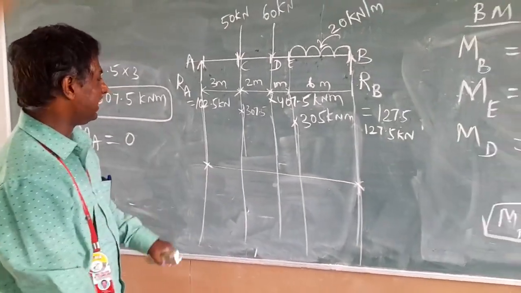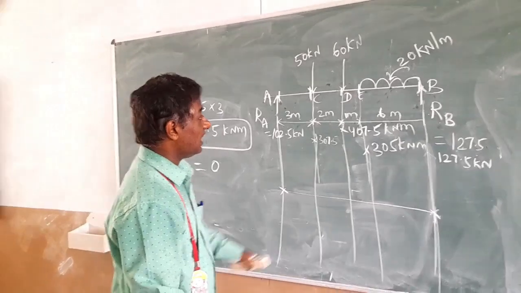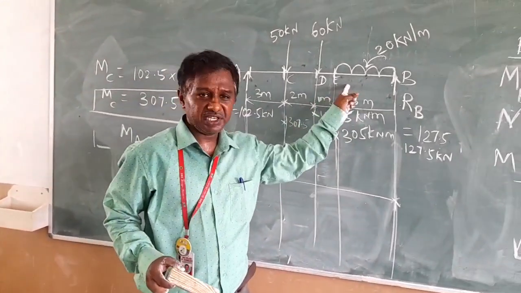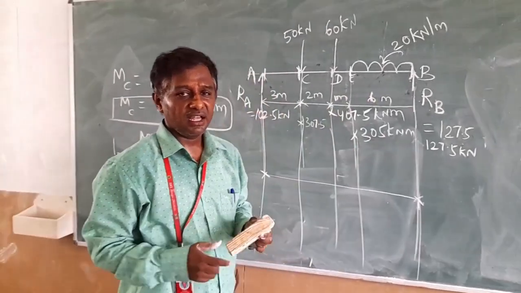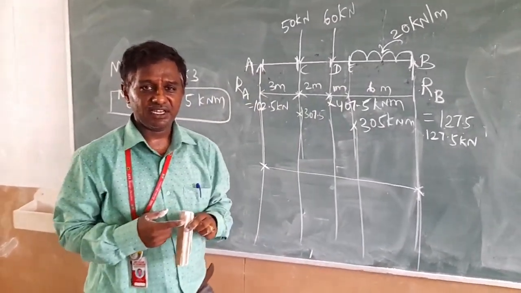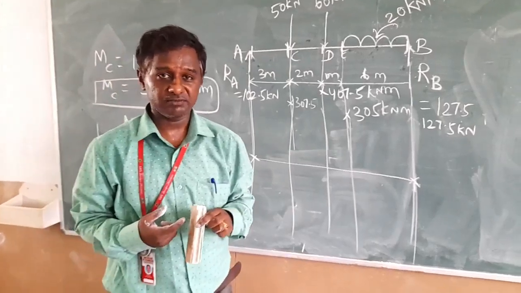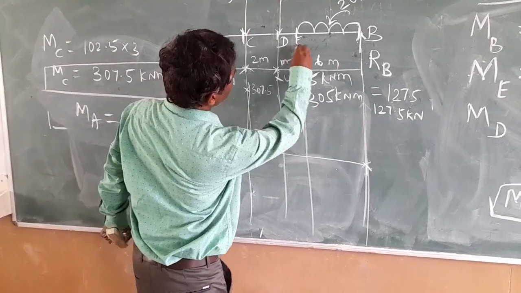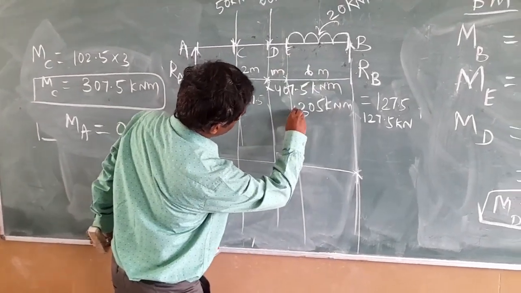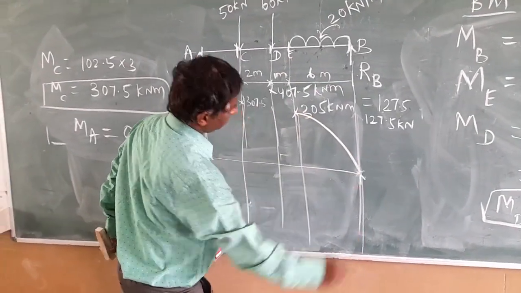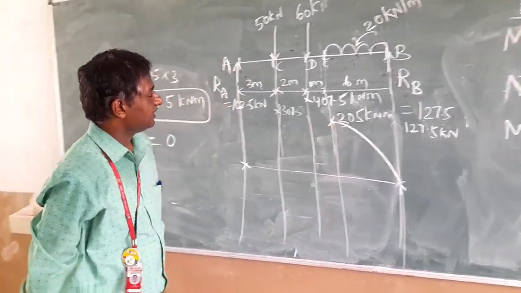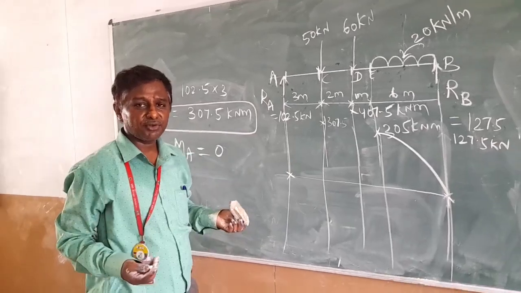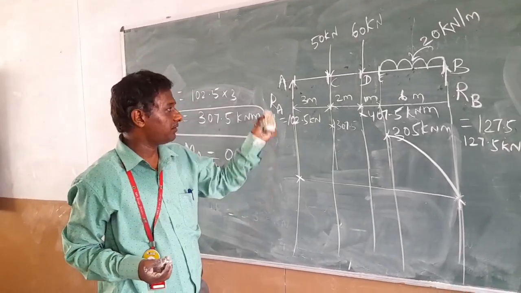Now how to draw the diagram, that is the important thing. Whenever a uniformly distributed load is included in the beam, the nature of the bending moment curve will be parabolic. Since it's positive, just E to B, that area alone, is a parabolic curve that goes on increasing. In the other regions there is no UDL, only point loads are available.